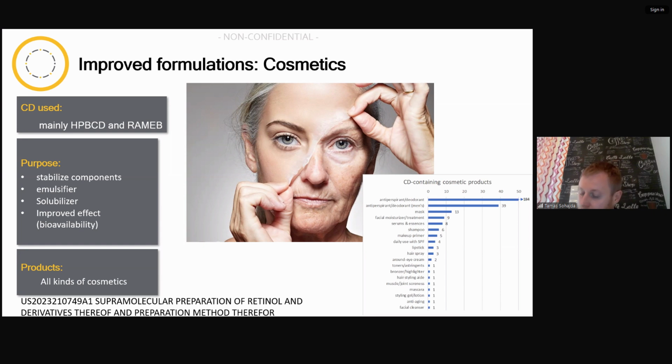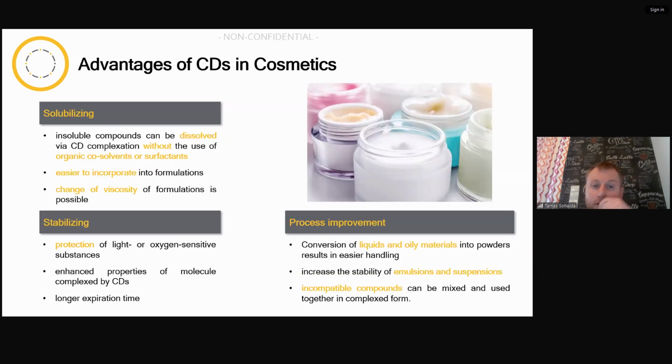So when cyclodextrins are interacting with the skin, they can also interact with the components of the skin cells, the surface of the skin, immobilizing cholesterol and fatty acids, loosening up membranes, and they can not only improve the bioavailability by increasing the solubility, they can actually act as permeation enhancers with many cosmetics that you use.